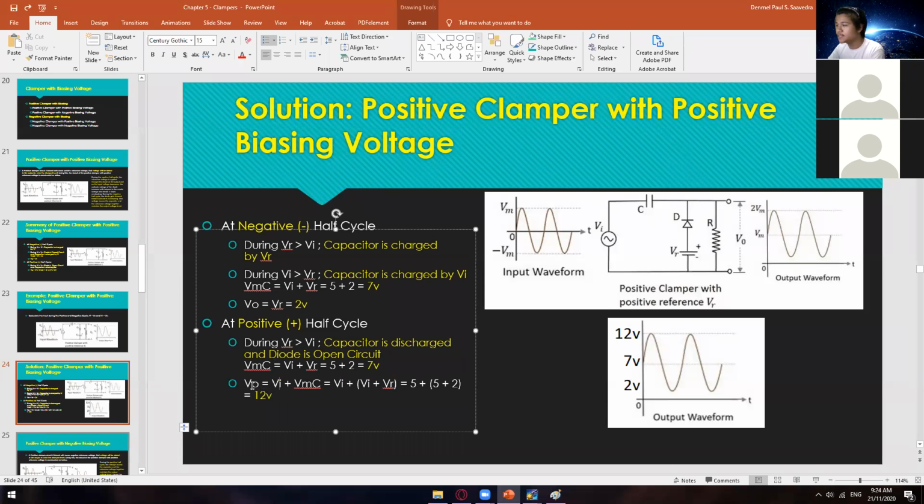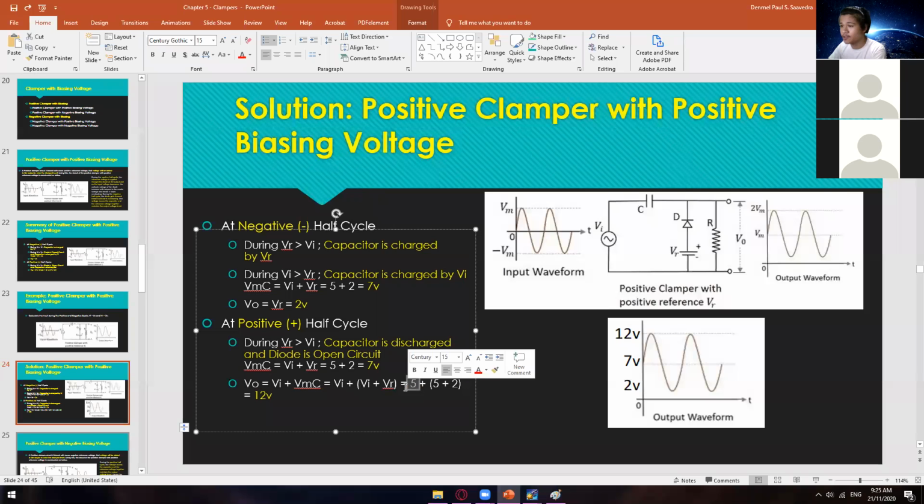So as you can see right here, V sub O now is positive V sub I. Why? Because the sign of V sub I here is positive and then negative. So positive will go to our V sub O. Okay, and then VMC will also go to our V sub O, wherein it has a sign of positive. So V sub I plus VMC, wherein VMC is V sub I plus V sub R. So just put all of the values.